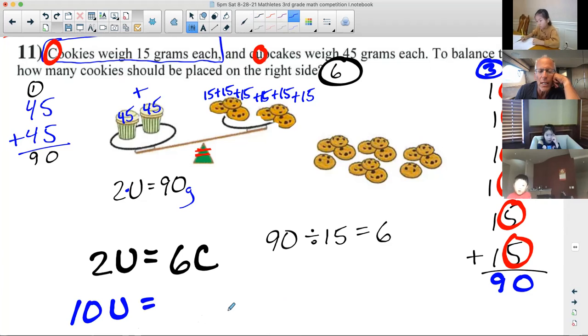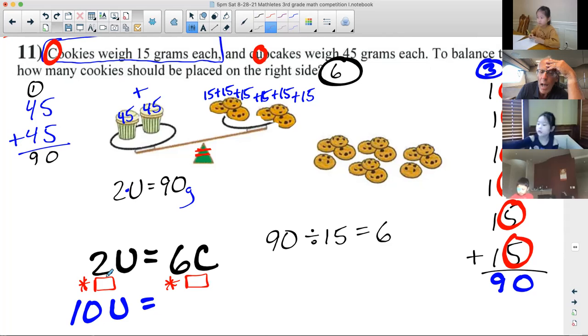How many cookies would I have to put on the other side to make it equal? Now, think before you say anything. Do not call the answer out. 2 times what number equals 10? And then do the same thing with 6.